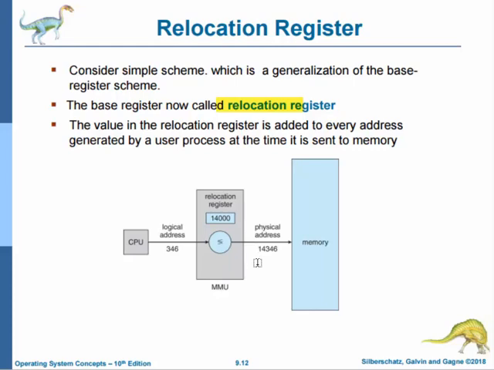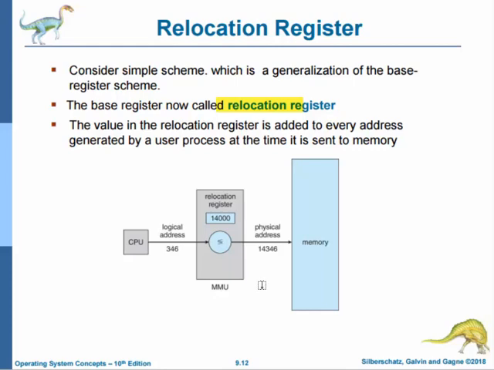The program can create a pointer to location 346, store it in memory, manipulate it, and compare it with other addresses, all as the number 346. Only when it is used as a memory address is it relocated relative to the base register.